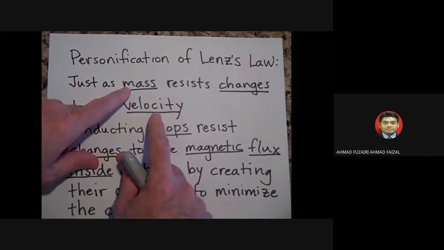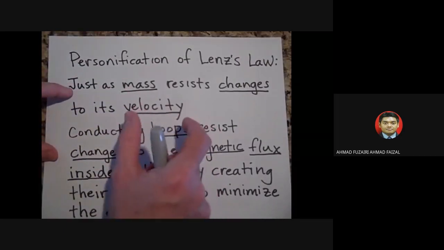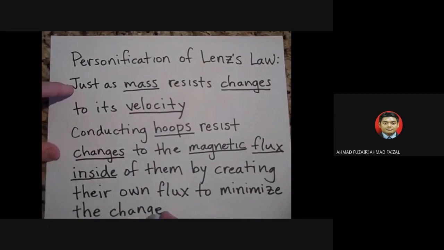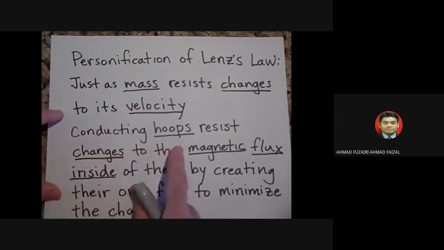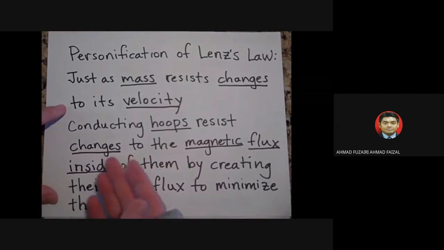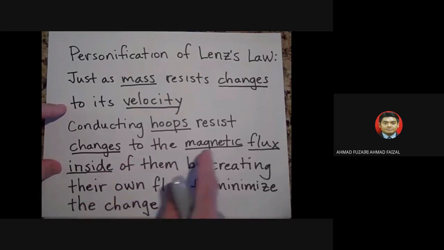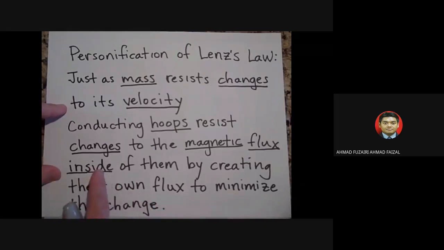Mass doesn't mind velocity. What it does mind is changes in its velocity. It resists changes in its velocity. Well, so same with conducting hoops. They resist changes in the magnetic flux inside them. They want they're like the ultra conservative as far as magnetic flux is concerned. They don't want the magnetic flux to change inside them. And if it does, they're going to create a current in themselves that will minimize the change in flux.